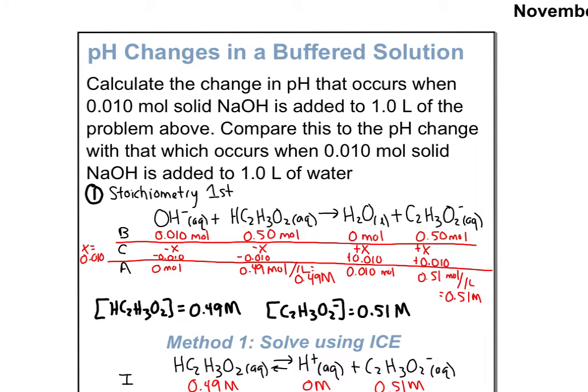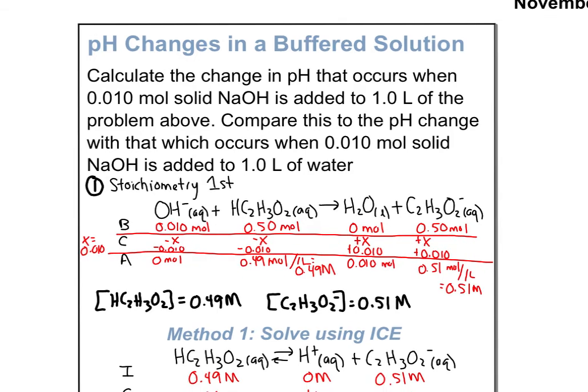So after I add the hydroxide and this reaction occurs, I have new concentrations of my weak acid and the conjugate base. As you can see, the concentrations didn't change too much, and it's because the hydroxide we added was absorbed by the weak acid. That's how a buffer resists the change. There's something there to react with it, so that OH isn't floating around for very long. If it were, it would change the pH dramatically.